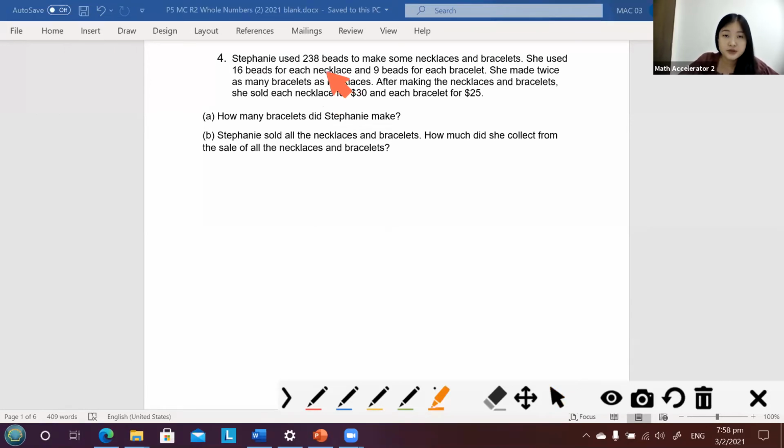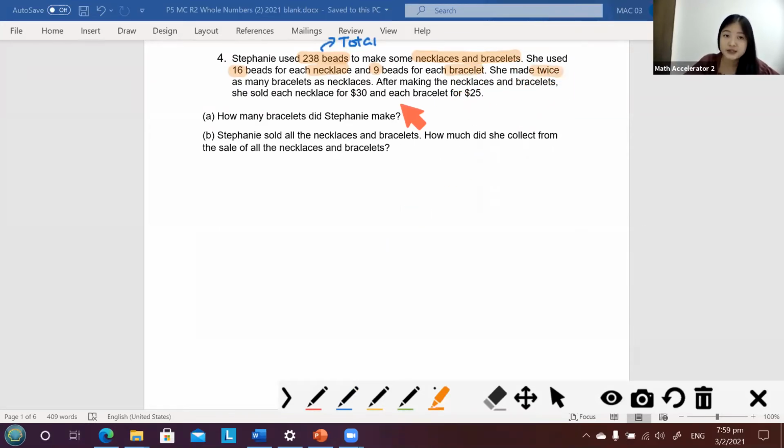So Stephanie used 238 beads to make some necklaces and bracelets. So we should know that this is the total number of beads for the necklaces and the bracelets. She used 16 beads for each necklace and 9 beads for each bracelet.